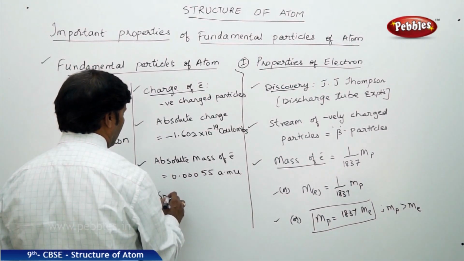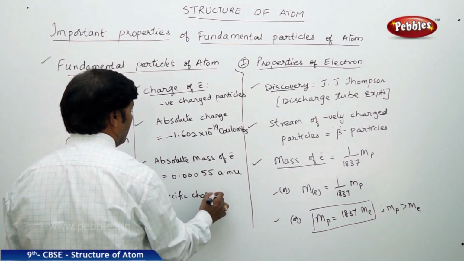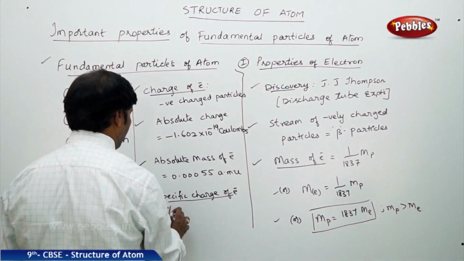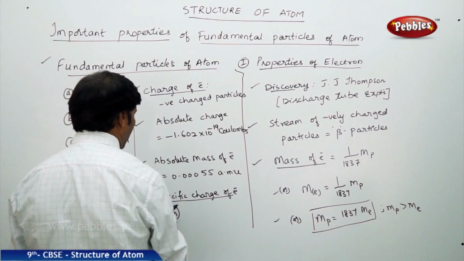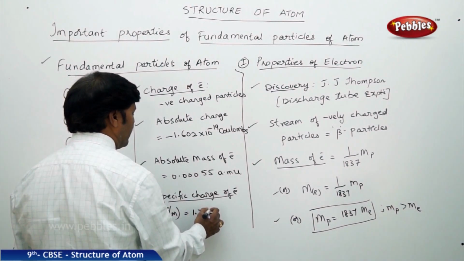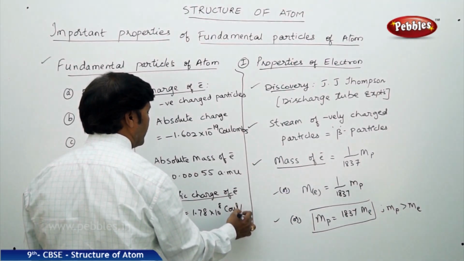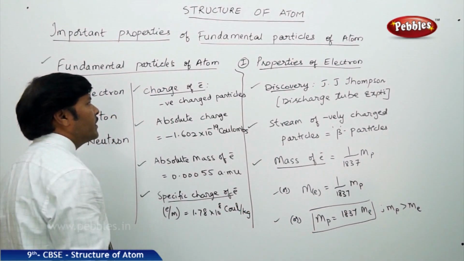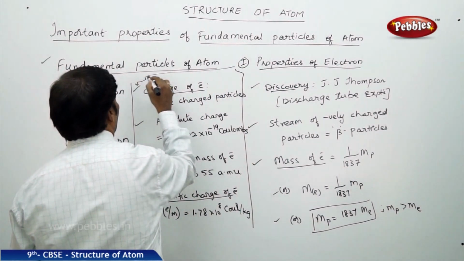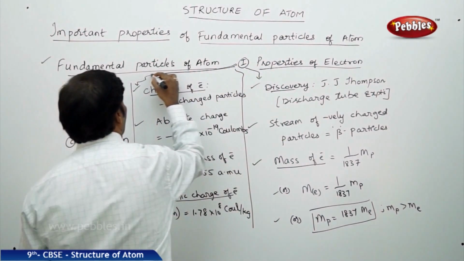Specific charge of electron is nothing but e by m, where e is the charge of electron and m is the mass of electron, which is equal to 1.76 into 10 to the power of 8 coulombs per kg. All these are the properties of electrons.